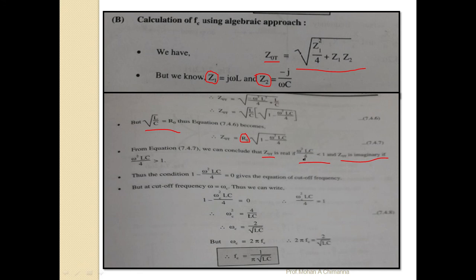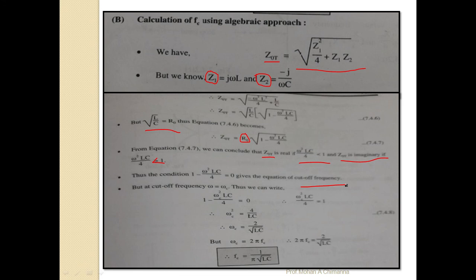This is real if it is greater than 1, and it is imaginary if it is less than 1 basically. Thus for the condition 1 minus omega square LC upon 4 equal to 0, this gives the cutoff frequency fc.